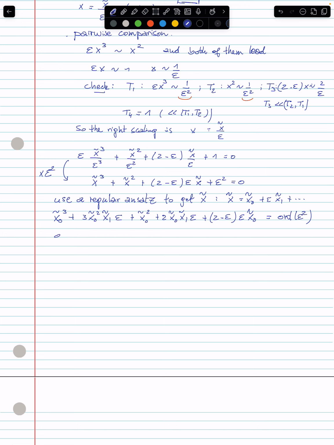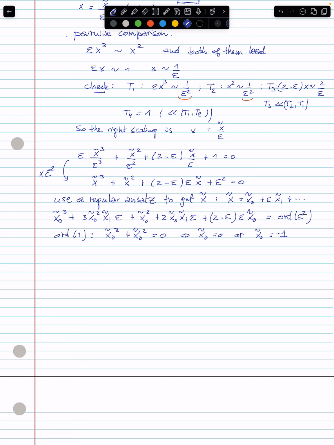Now we can collect the different terms with respect to their order of magnitude. And so at leading order, we have this is equal to 0. So meaning that we have two options, either x0 is equal to 0 or x0 tilde is equal to -1.